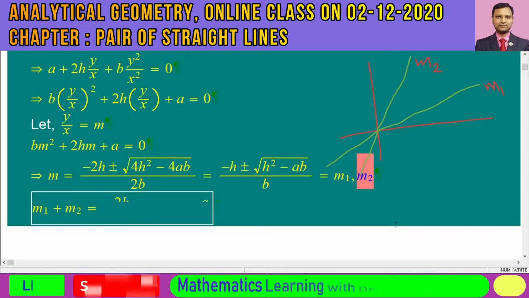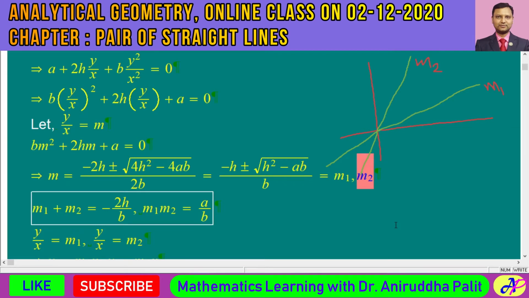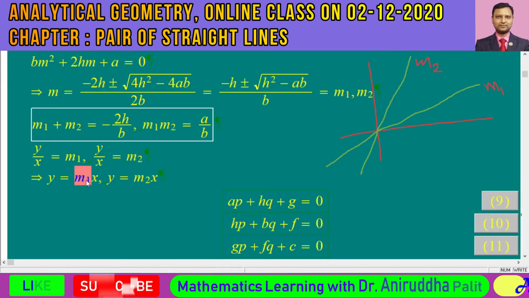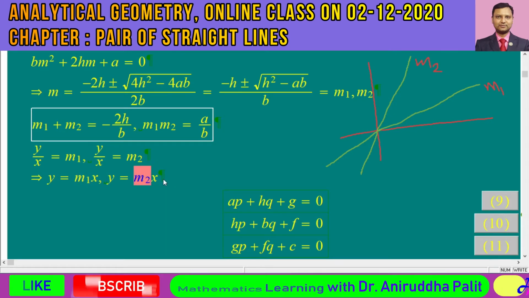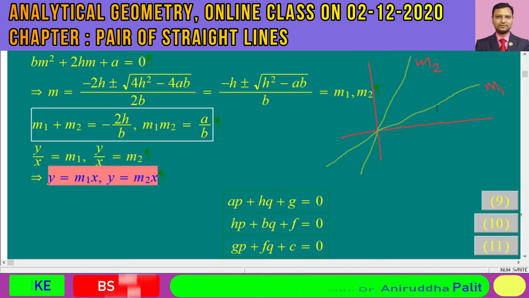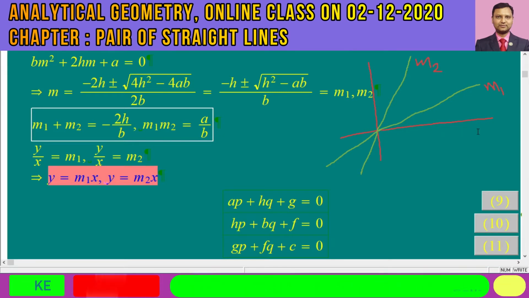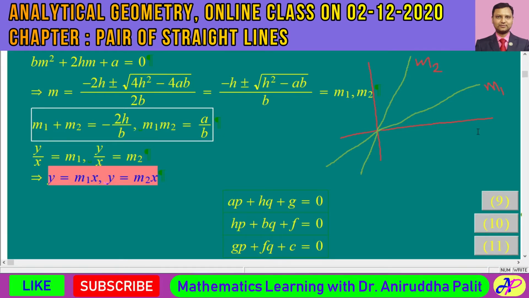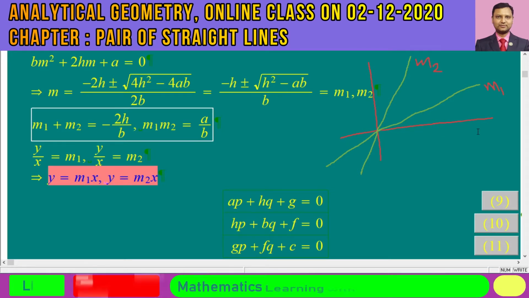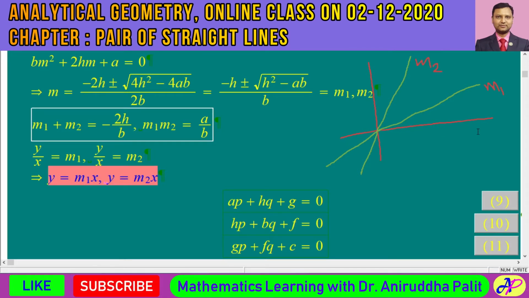When m1 and m2 are complex numbers, we do not actually have any real geometric interpretation of a straight line in a two-dimensional plane. So we cannot say that y is equal to m1x and y is equal to m2x represent two straight lines in this kind of two-dimensional xy plane.